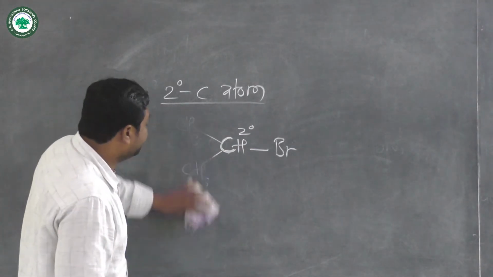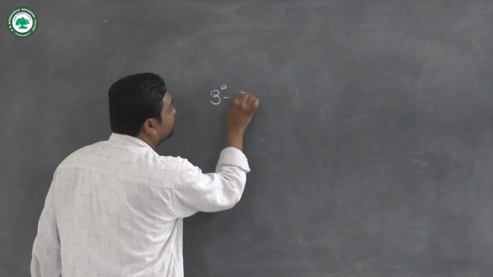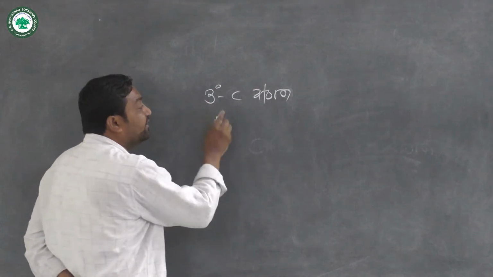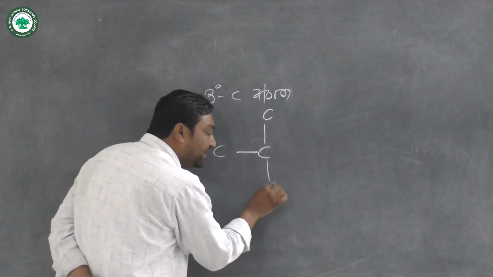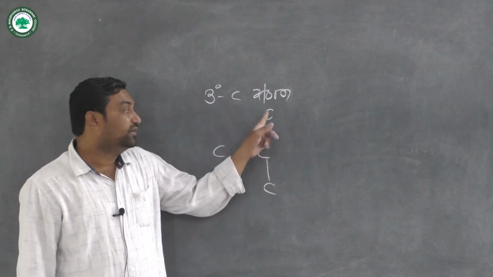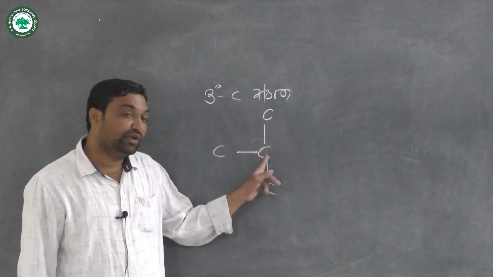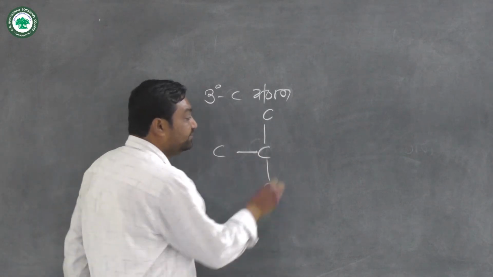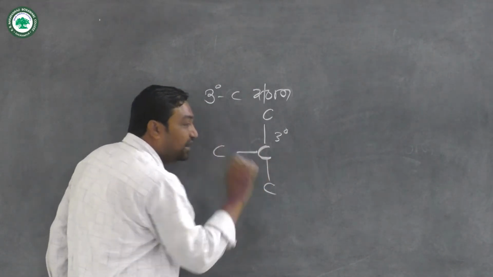Now, next point, that is the tertiary carbon atom. If a carbon atom contains three other carbon atoms directly attached to it, then this carbon atom is considered a tertiary carbon atom.